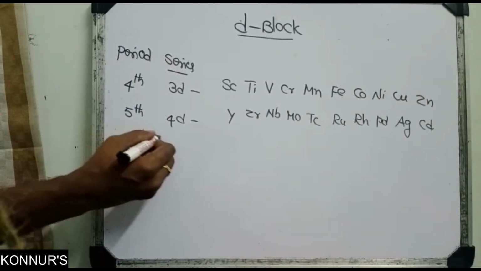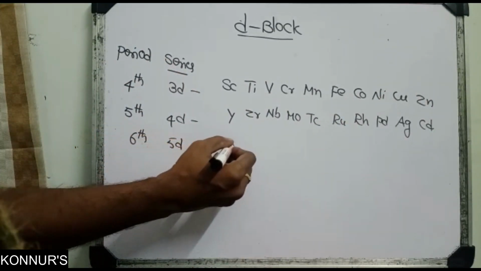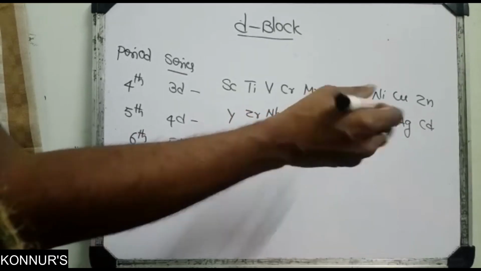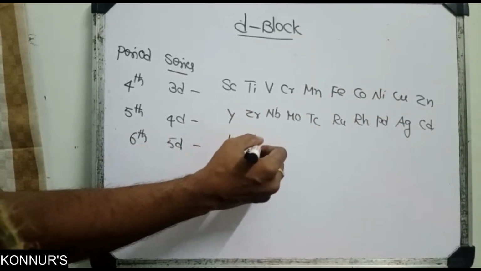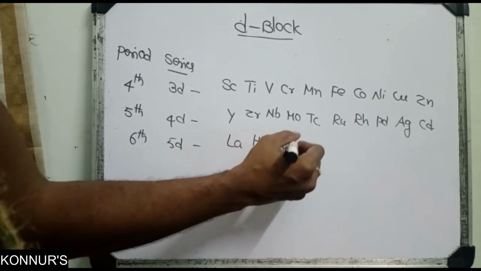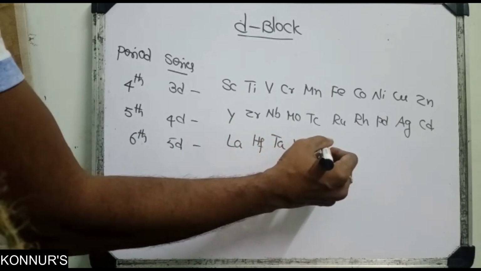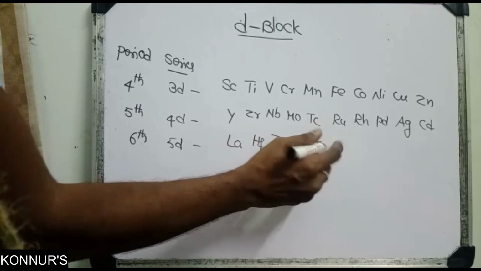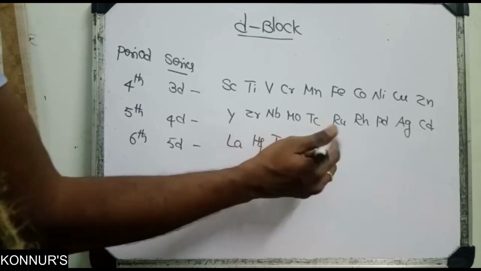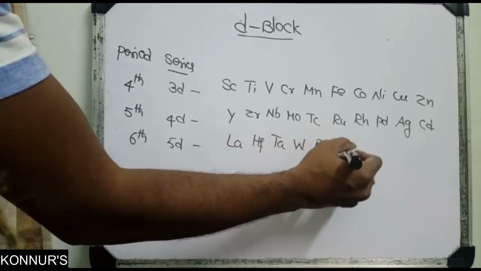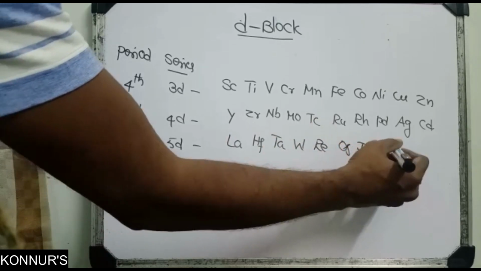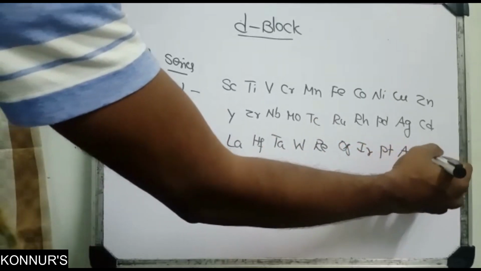Next, sixth period, 5d series: lanthanum, hafnium, tantalum, wolfram, tungsten, rhenium, osmium, iridium, platinum, gold, mercury.